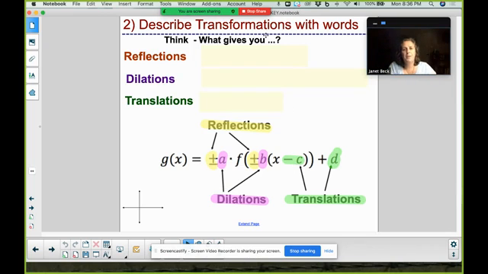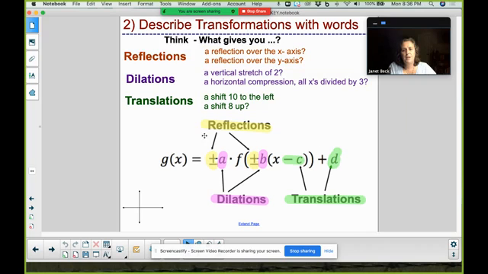Okay, so let's look at some. If I put these up here, can you modify this function? So g of x will give you a new function based on f of x that will reflect it over both the x and the y-axis, and you know which of these does which one. You need to know that.